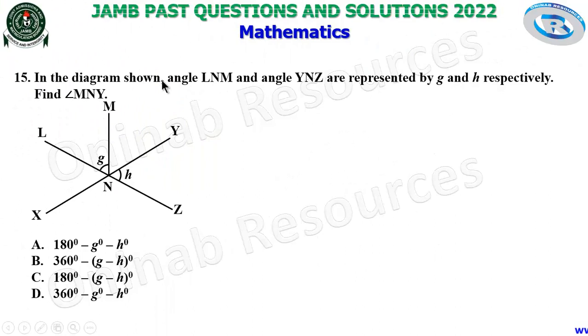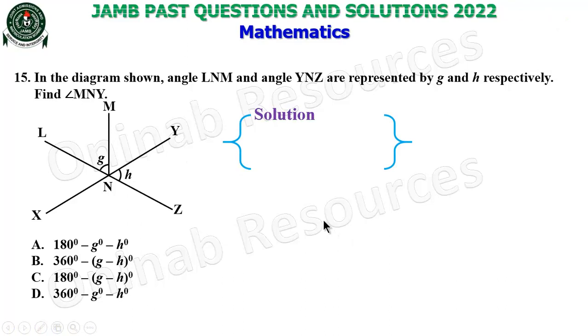In the diagram shown, angle LNM and angle YNZ are represented by G and H respectively. Find angle MNY. To find the solution to this problem, we have to identify that LZ is a straight line.